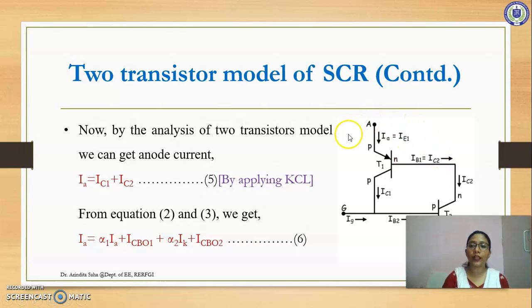So by following KCL, we can write IA is equal to IC1 plus IC2. Substituting the values from the previous equation, IA is equal to alpha 1 IA plus ICBO1, this is our IC1, plus alpha 2 IK plus ICBO2, this is our IC2 part.